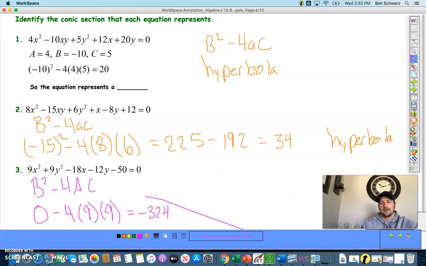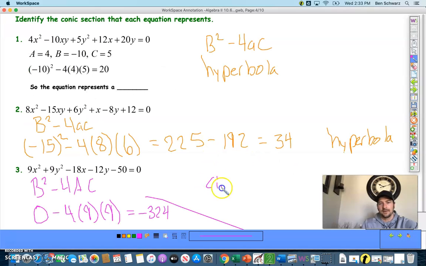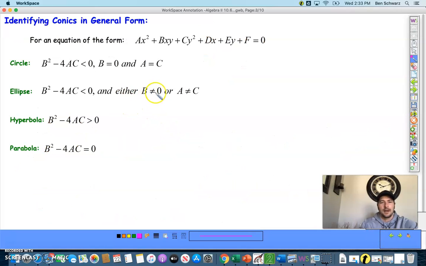Yes, it is. They're both 9. So yes, it is that first example of a circle. If it were an ellipse, it has to be either b doesn't equal 0, which obviously isn't true, or a doesn't equal c, which also wasn't true. We had both of these true, therefore it was a circle.